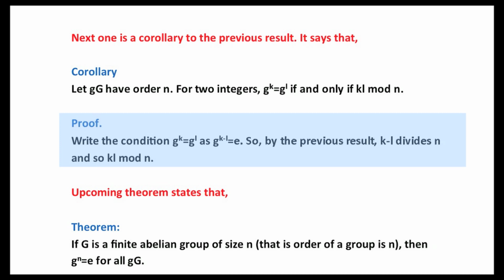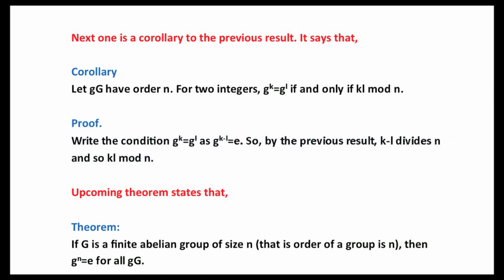Proof: write the condition g to the power k equal to g to the power l as g to the power k minus l equal to e. So, by the previous result, n divides k minus l, and so k is congruent to l mod n.